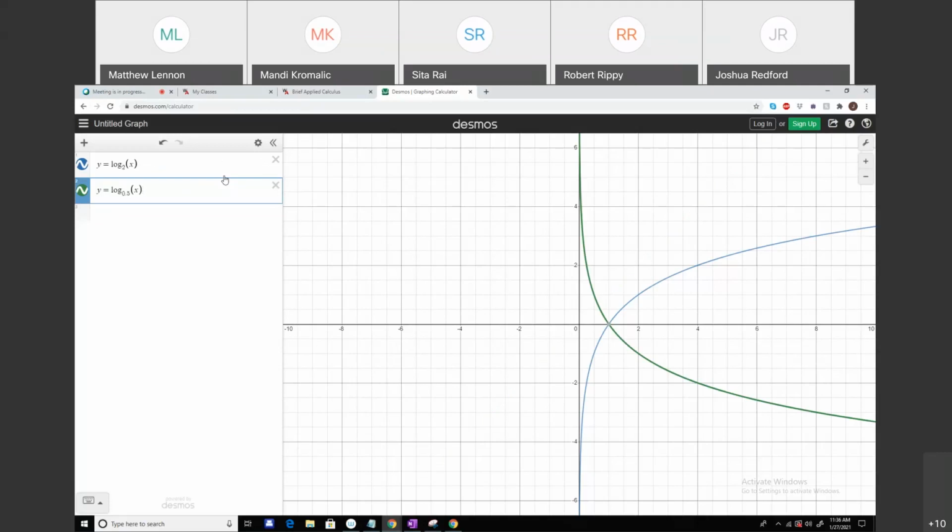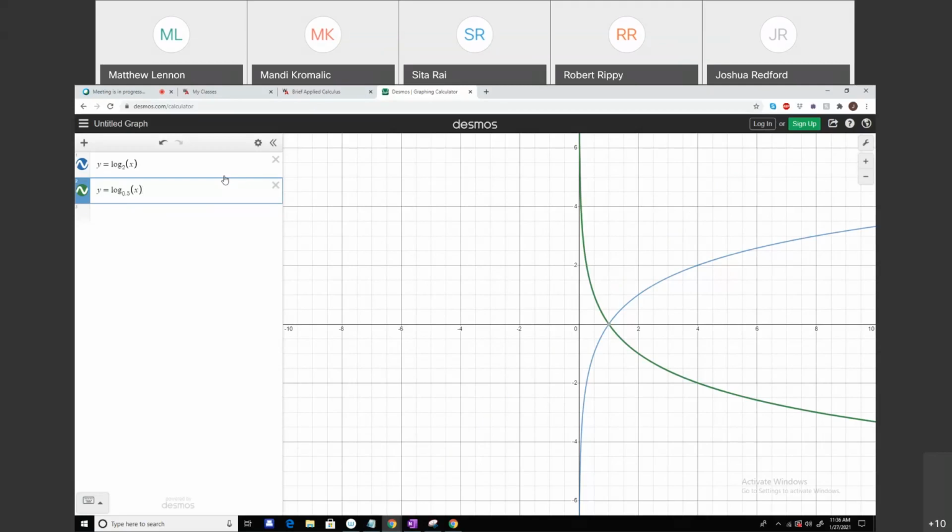But let me point something else out. Remember, the logarithm is really the reverse process of finding an exponent. So if you remember from algebra, a function and its inverse function are related how? Well, they're exactly the flip about the diagonal line y equals x.